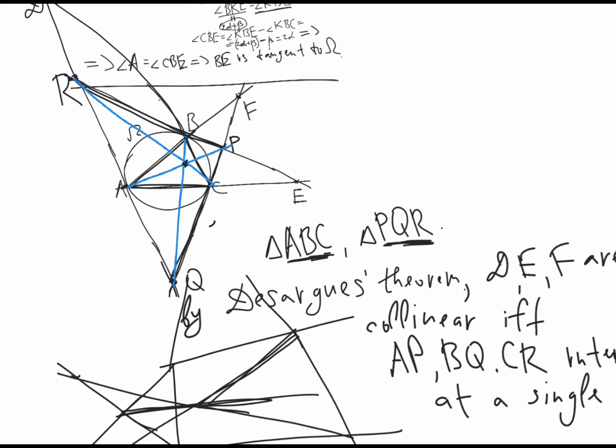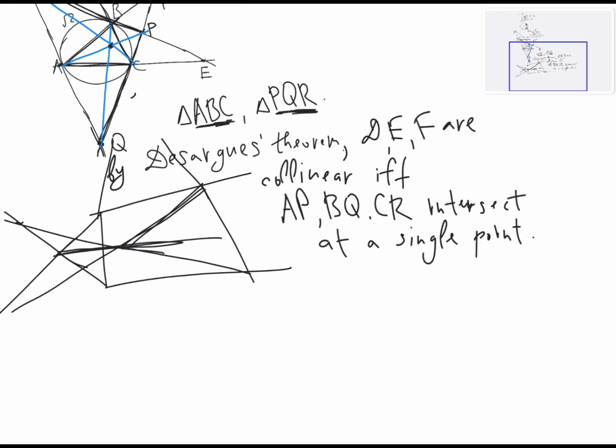All we need is that these three lines intersect at a single point, and this follows from Ceva's theorem. This point is called the Gergonne point of the triangle PQR.